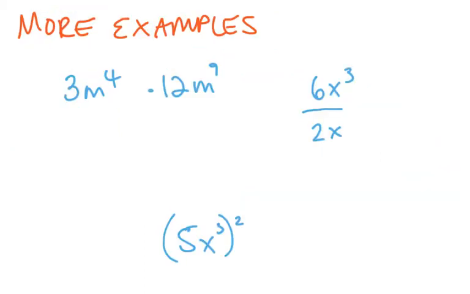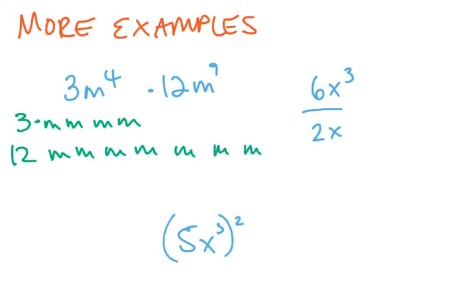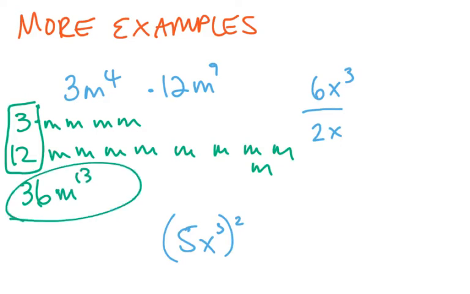A few more examples, just a little bit higher up. If you have a 3, and then you have 4 m's, and then you have a 12, and you have 9 m's, 1, 2, 3, 4, 5, 6, 7, 8, 9. You are going to multiply those still. That's still the case, so that becomes 36, and then you'd have m to the 13th.